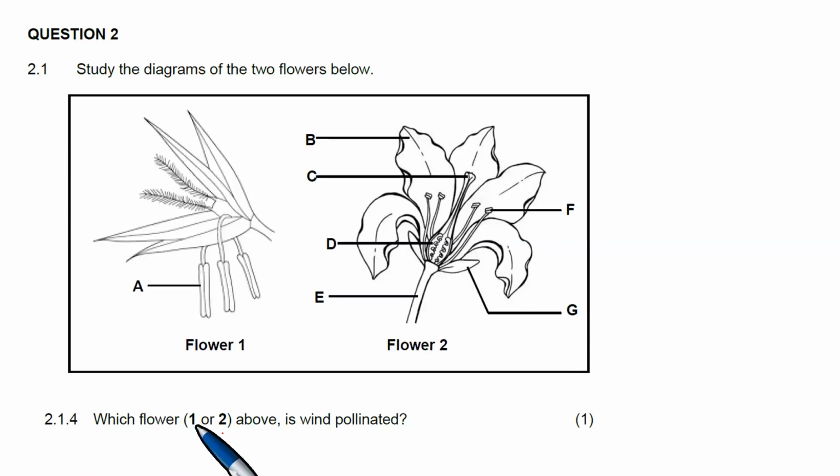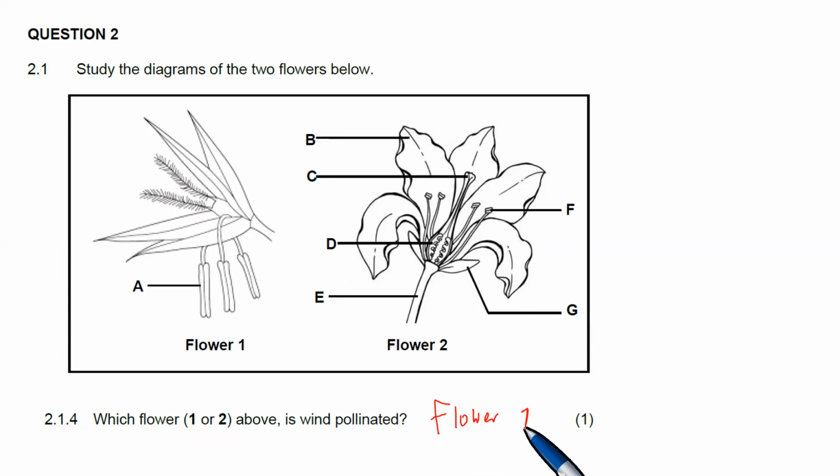Which flower, one or two above, is wind pollinated? Okay, it's obvious. Obviously, we can see the anther hanging outside there, and therefore it is flower one.